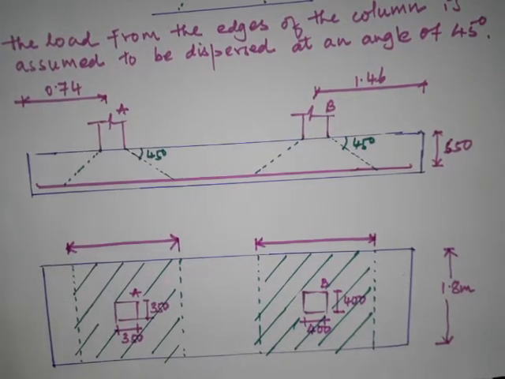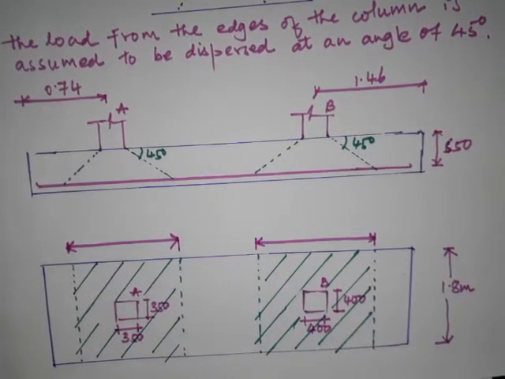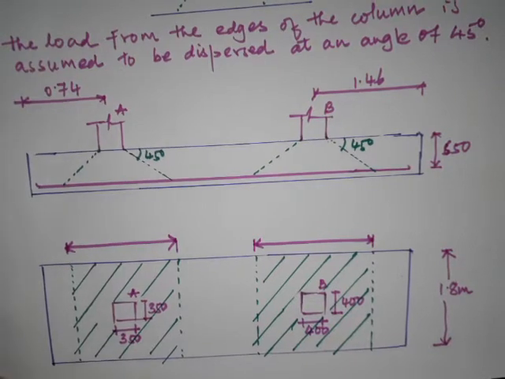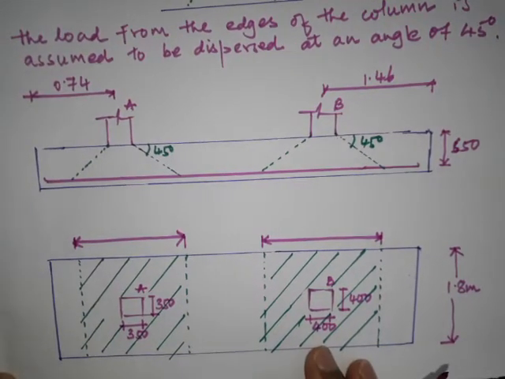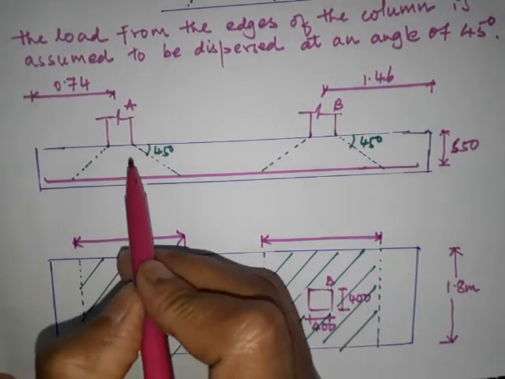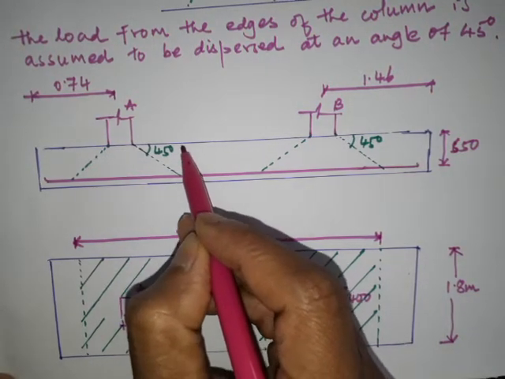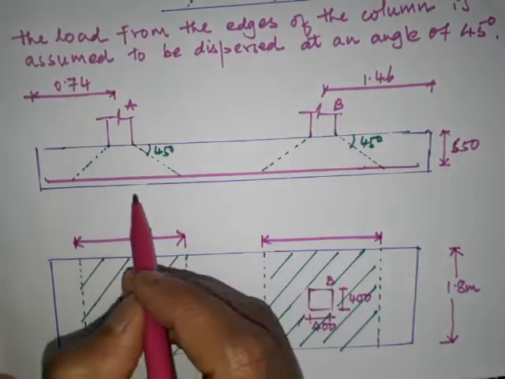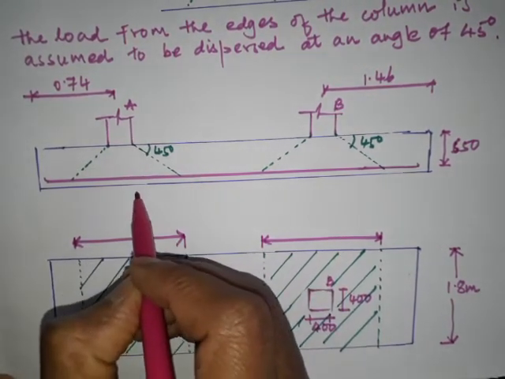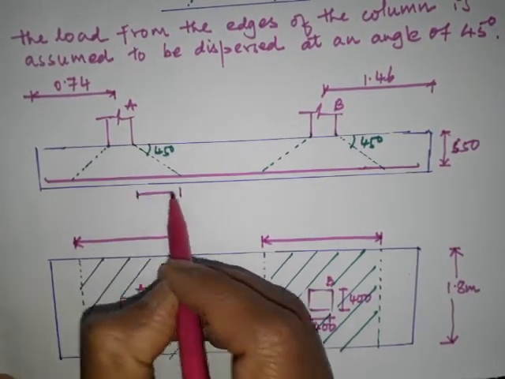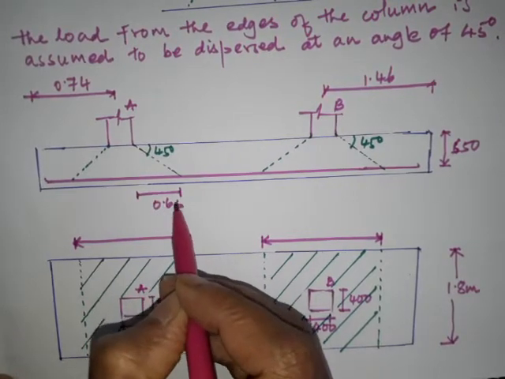So what I told you, so here if you check, as I told you, because this depth is 650, that is 0.65, so this distance from here to here will also be 0.65, correct?